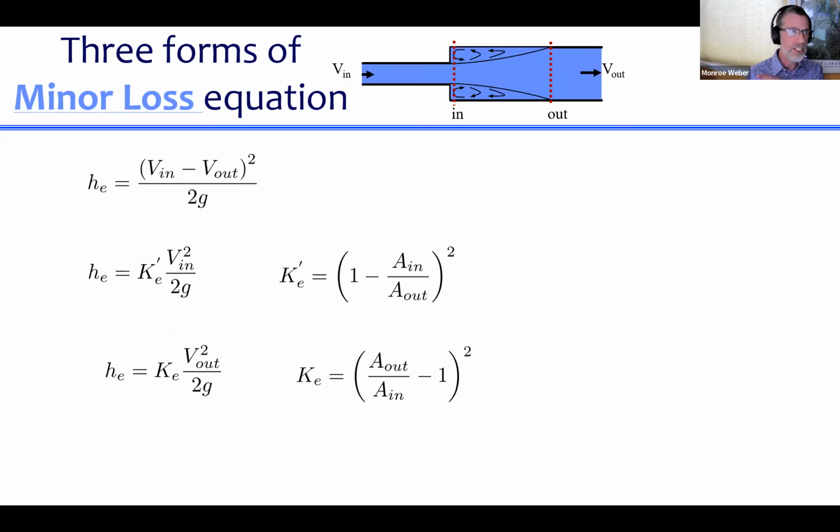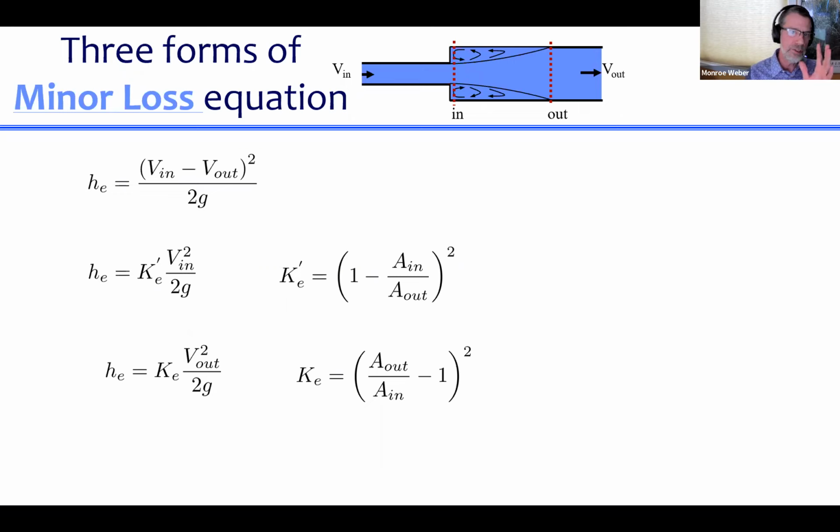So here's an example of using that. This is a flow expansion. The derivation for this is in the notes, and you can see how this is like the one minor loss that you can calculate from first principles and get an exact solution. So for this sudden flow expansion, there's three different ways that I have it expressed here. The first one is like the exact solution.